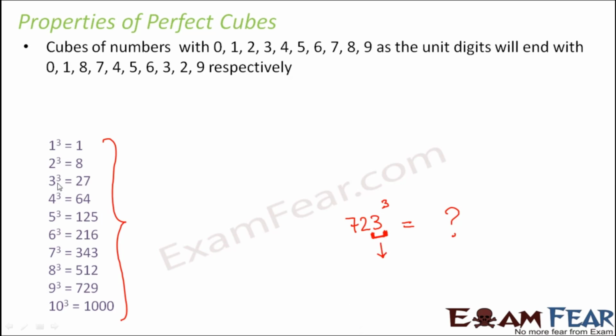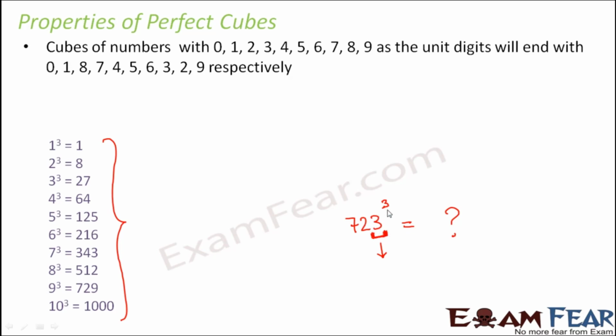So when you look at these values, cube of 3 is 27, right? So that shows that when you do actual multiplication, that is when you multiply 723 with 723 and then again multiply the product with 723, the units digit of the result is equal to the units digit of the product of the units digit of the number.